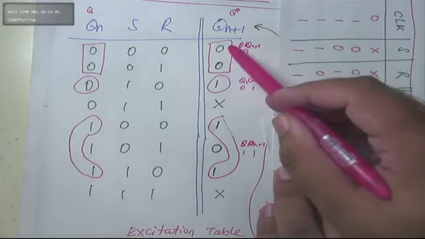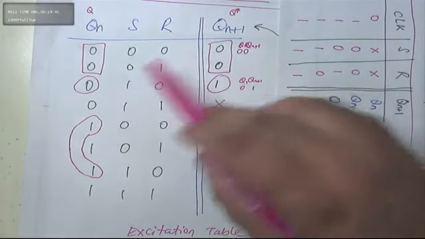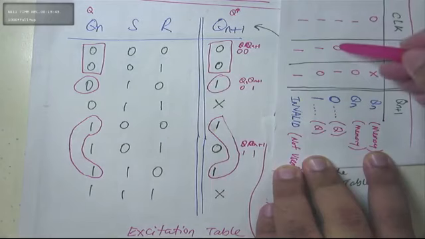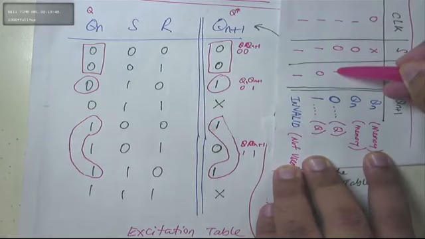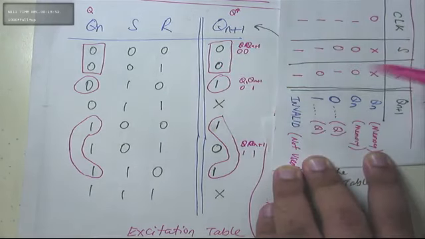So 0, 0, Qn plus 1 should equal Qn. What is Qn? It's 0. 0, 1. Let's come here. 0, 1, Qn plus 1 is equal to 0. Just write down 0. Why is it equal to 0? Well, 0, 1 is one of those inputs into the flip-flop which has got a fixed answer.